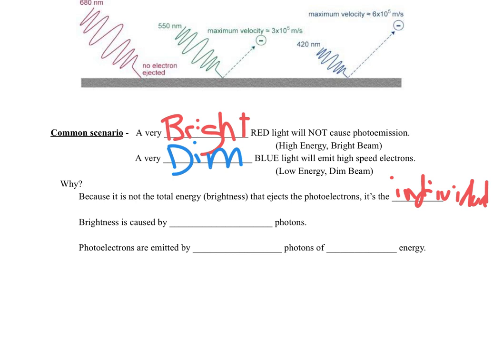Sorry, this new app is not working too well for me. Brightness is caused by the number of photons, and photoelectrons are emitted by single photons, not a package of photons or a continuous sequence of energy, but single photons of high energy.